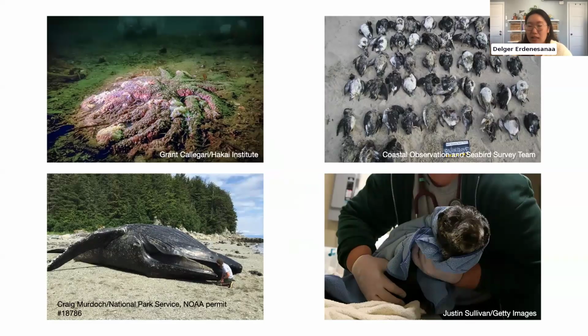Seabirds, seals and whales were all starving because there wasn't enough plankton for fish to eat, and then not enough fish for these larger animals to eat. So that's where we started this project: looking back on what we've learned from this terrible marine heat wave in the 10 years since it happened.